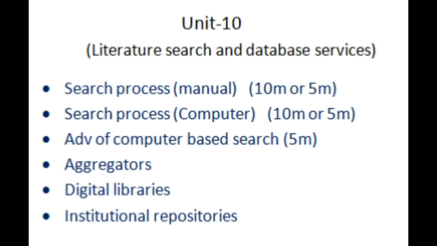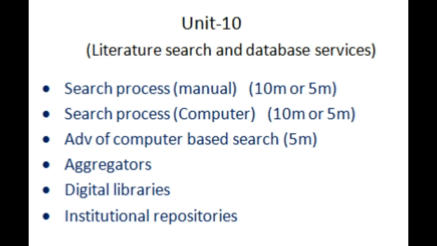Next, unit 10, this is about the literature research. In this unit, definitely there will be one question for 5 marks and one question for 10 marks. The search process, either by manual method or by computer based method, will be asked for 5 marks or it may be 10 marks.